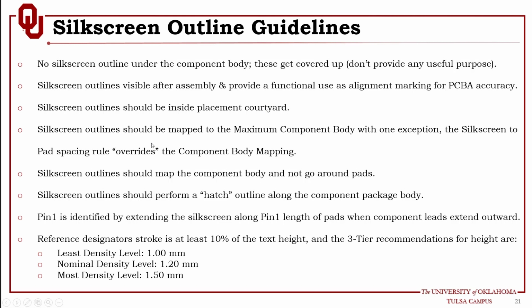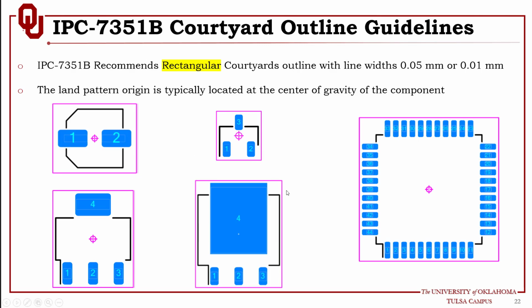The silk screen outline should be mapped to the maximum component body, with one exception: the silk screen to pad spacing rule overrides the component body mapping. Let's see the next slide. Here is an example. This is the silk screen in black, as you can see. The one in purple is the courtyard. These are the pads, and here you can see the origin marking point in the center.